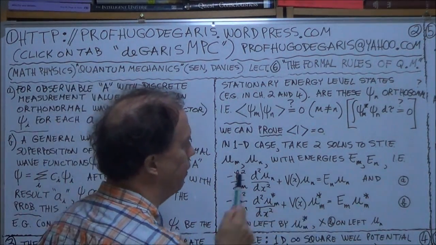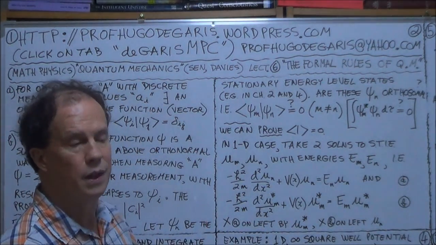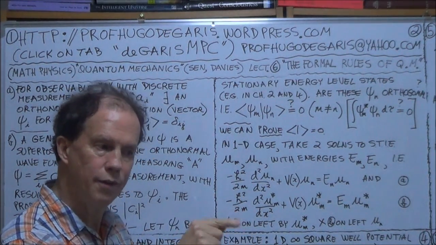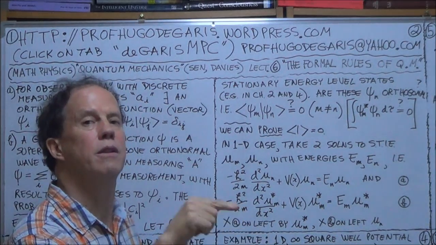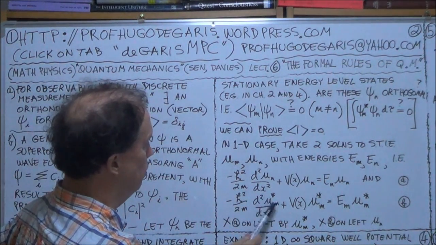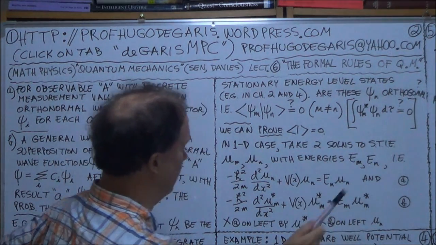Just star the whole thing, the left and right hand side. Remember, to conjugate simply means wherever there's an i, square root of minus 1, make it minus i. So you'll then get UM starred, UM starred, UM starred.